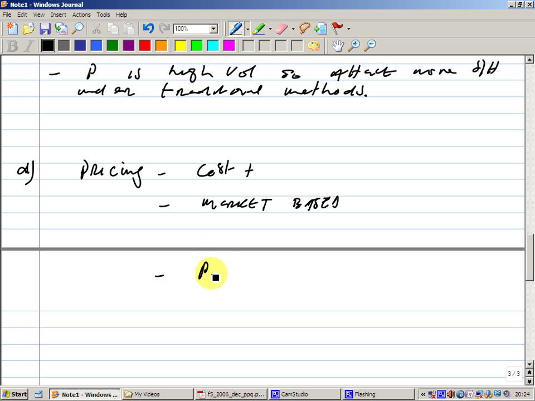The next part would be in relation to profitability, and if we reduce the cost or the selling price, we may well reduce the contribution. So we're talking about contribution analysis here and the underlying levels of profitability. So profitability analysis is much enhanced by the use of ABC.